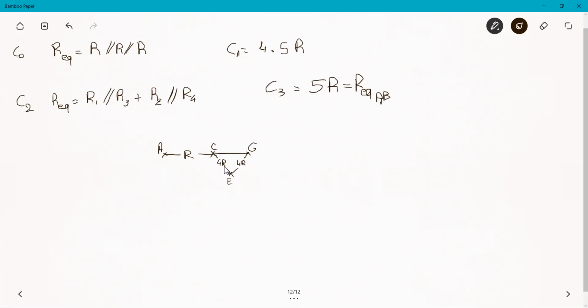I'm very sorry for the drawing. Then A, then you have R. Then you reach F. Then you have 12R here. 12R here.